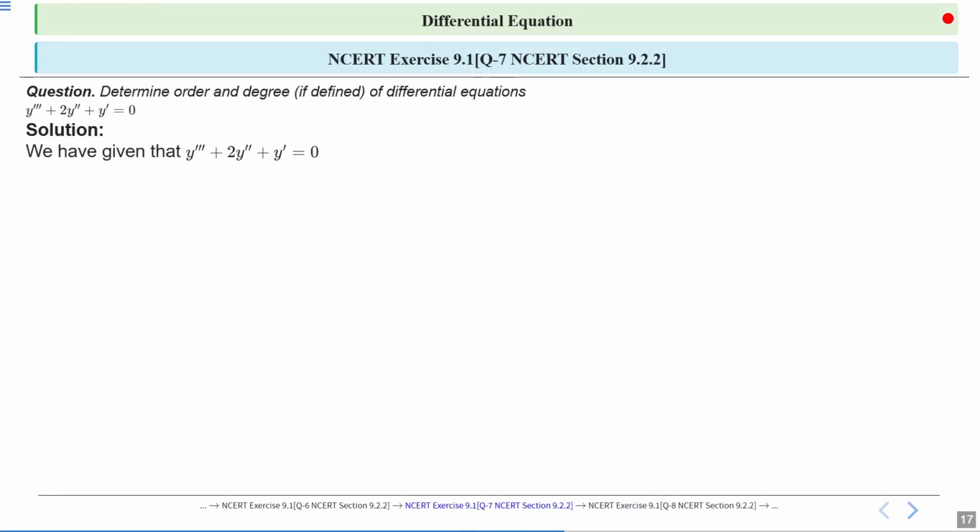We have given that y''' + 2y'' + y' = 0. That is the given differential equation.